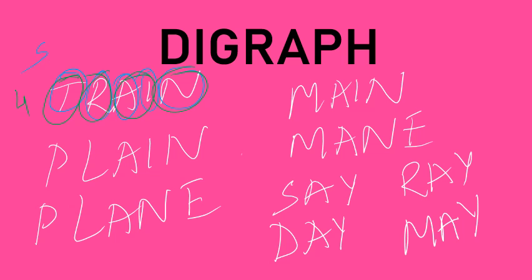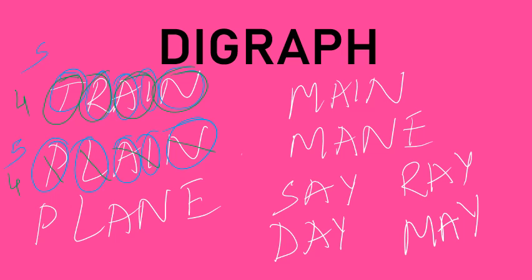Four sounds. Next word, P, L, A, I, N. Five letters. How many sounds? P, L, A, N, four sounds.